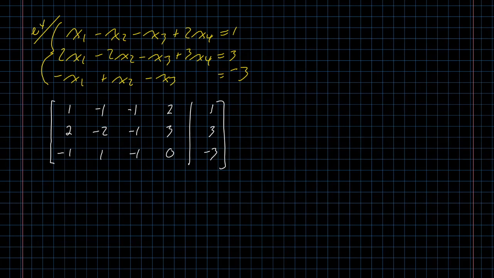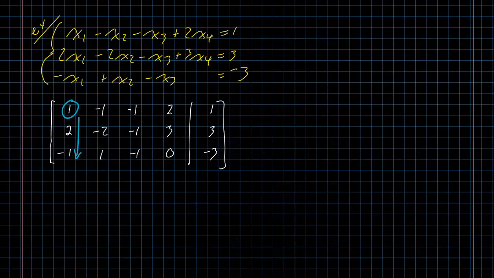All right, I notice immediately my first row, my first column is a 1. My goal in Gauss-Jordan elimination is to get the first row, first column to be a 1. The next step in Gauss-Jordan elimination is to take out the rest of the column.